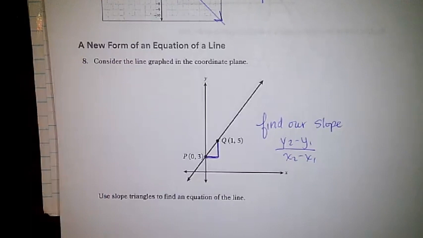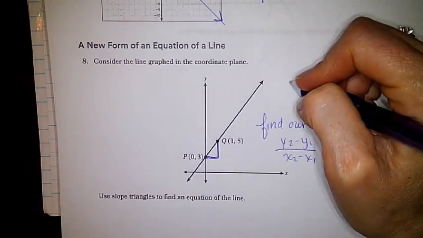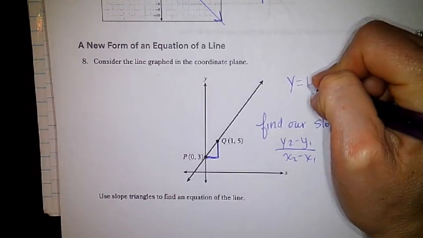So we now know that we're going to start at what? At 0, 3. So what does that mean about our equation? So y equals m times x plus what? Who agrees with Joel? That's going to be 3.